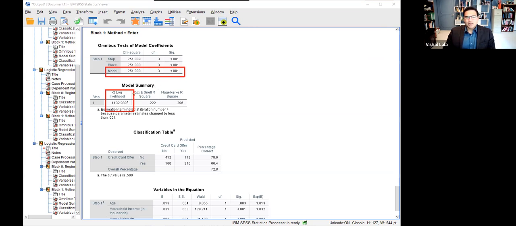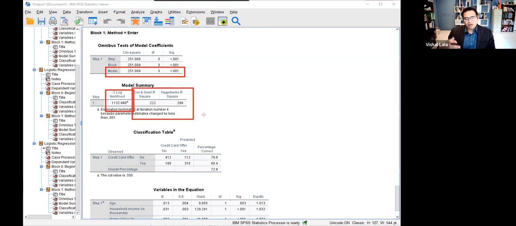We can go on now that we know that the model is better than no model. We can go on to examine performance metrics or quality metrics, how good our model is. We're going to look at two such metrics. One of them is our set of pseudo R-squares. So we have here Cox and Snell R-squared and Nagelkerke R-squared. These indicate to us how good the model is.